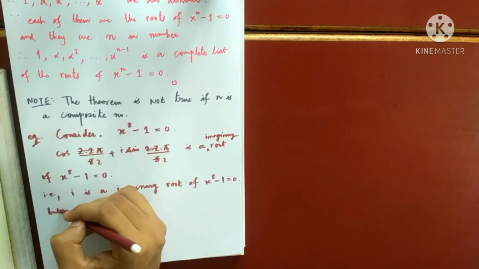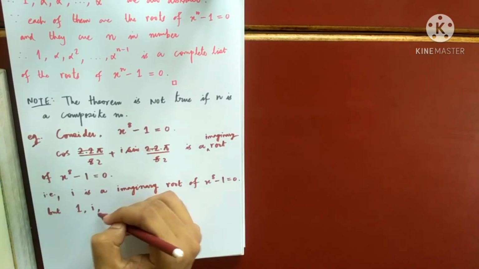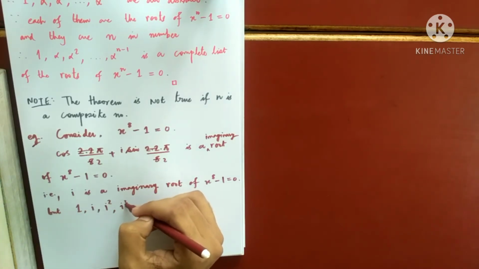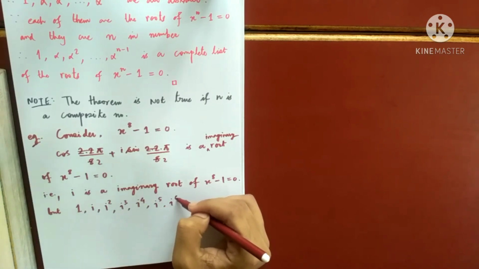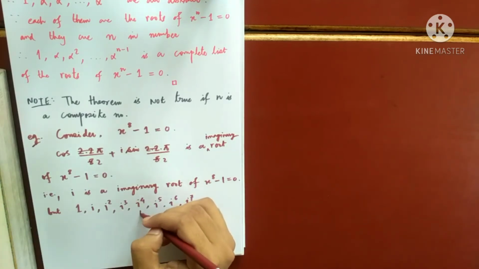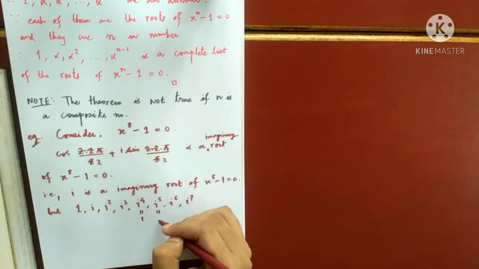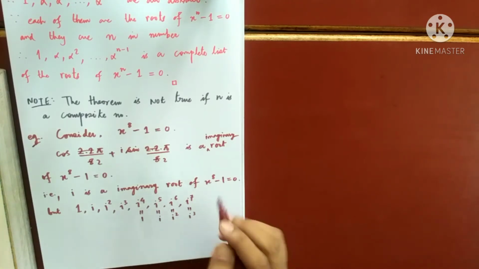But what are the powers of i? Start with the 0 power, that is 1, then i to the power 1, i to the power 2, i to the power 3, i to the power 4, i to the power 5, i to the power 6, i to the power 7. This is the same as 1, this is the same as i, this is the same as i square, this is the same as i cube.